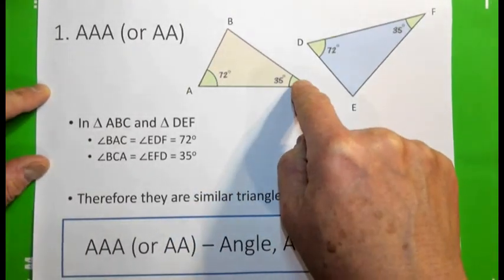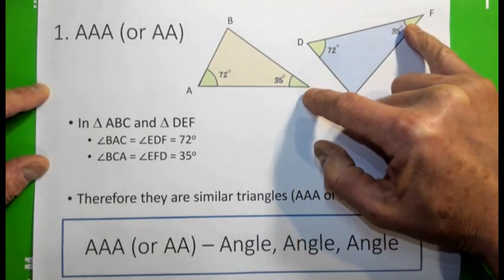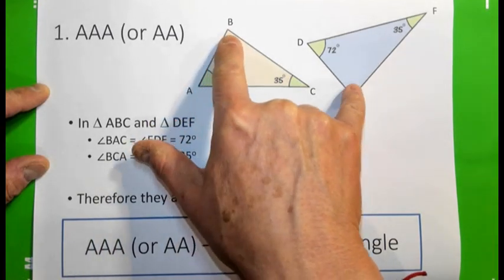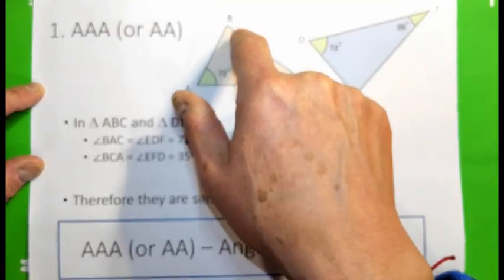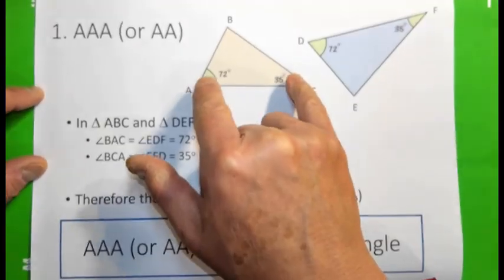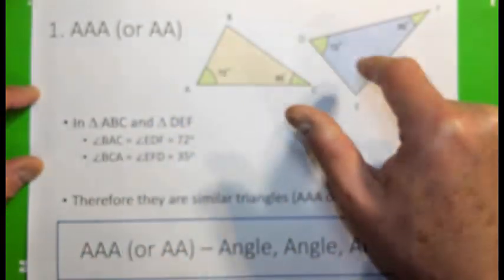Angle C in ABC is the same as angle F in DEF because they are both 35. We don't actually need to work out angle B or angle E because you know that the 3 angles add up to 180 degrees. Once we know these two, by power of deduction, we know that.